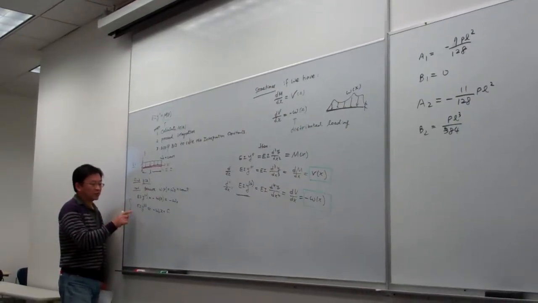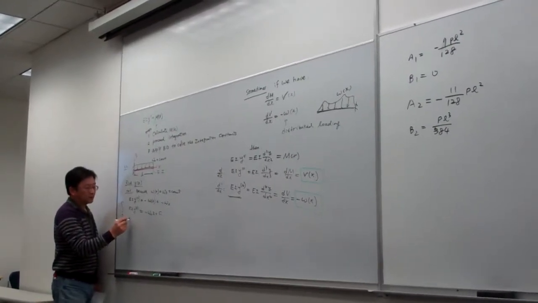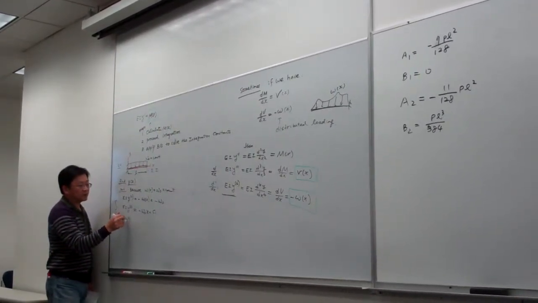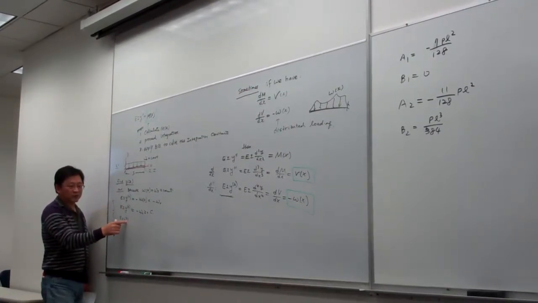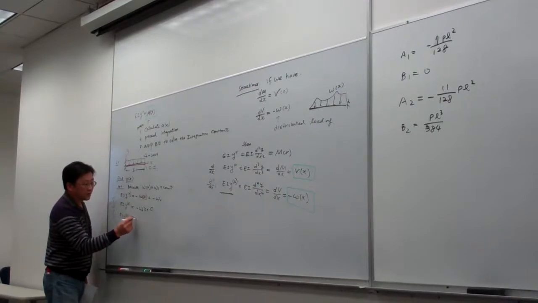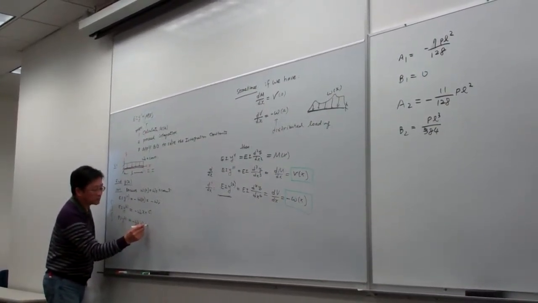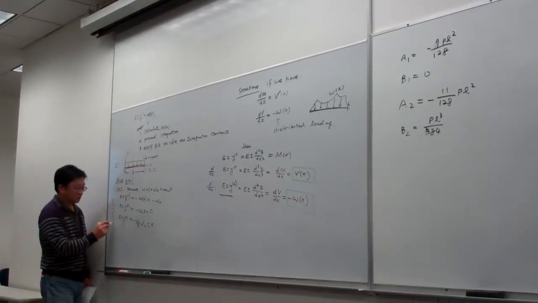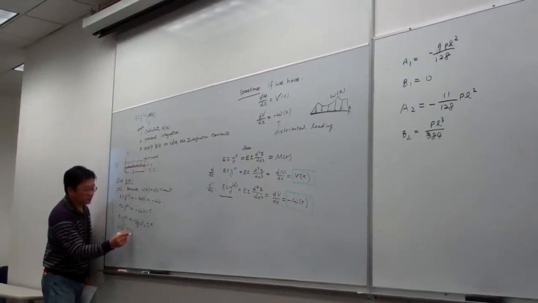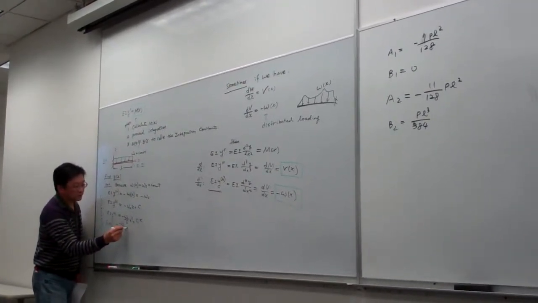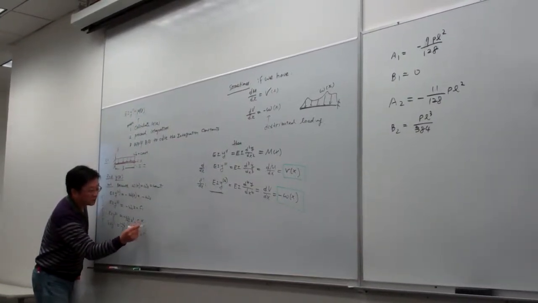And then we do the second integration on both sides. Here is EI y, the third derivative. After integration, we reduce by one, so that becomes the second derivative. So this is minus omega 0 x squared over 2 plus C1 x. Then we proceed to the third one. EI y prime will be equal to minus omega 0 x cubed over 6 plus C1 x squared over 2 plus C2 x.